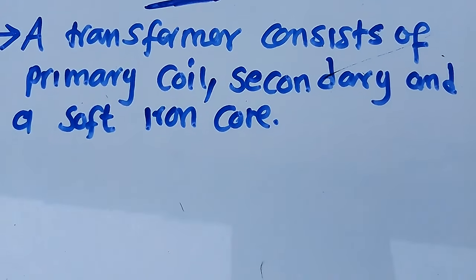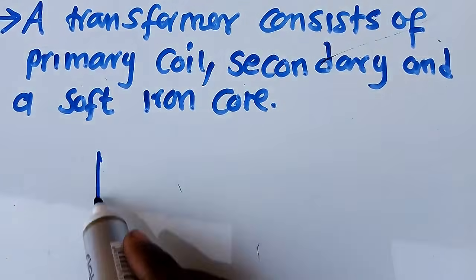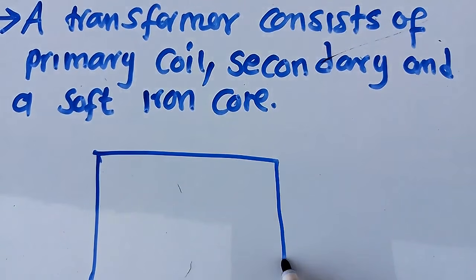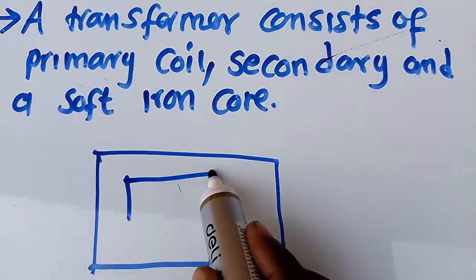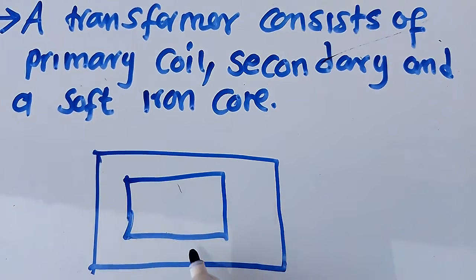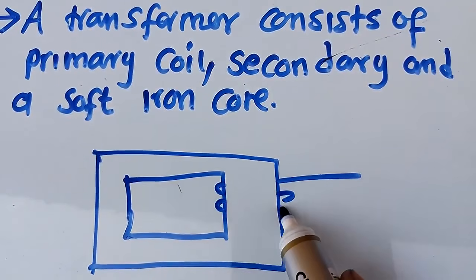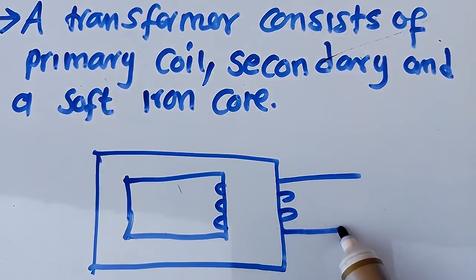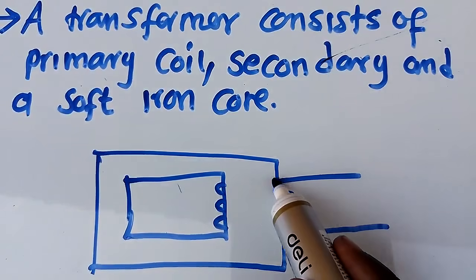So we are going to draw a transformer here to see how a transformer looks. I'm going to put down a simple diagram of a transformer so that we understand. This is a transformer.